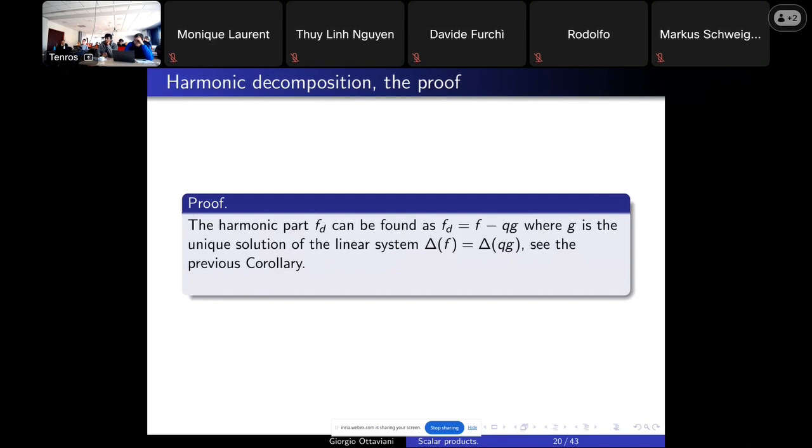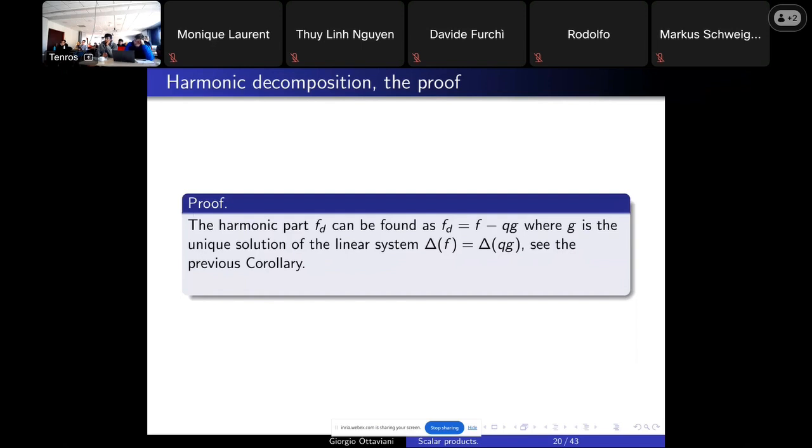This is now a linear system in G. And the homogeneous linear system has only the trivial solution because I proved it before. And so for any Laplacian of F, this has a unique solution in G.